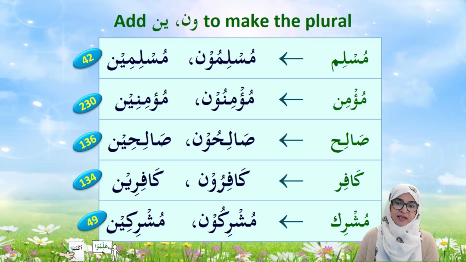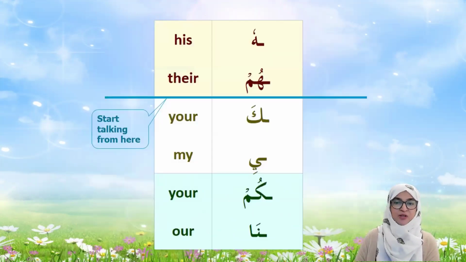Salihun, salihin. Plural of kafir? Kafirun, kafirin. Plural of mushrik? Mushrikun, mushrikin. So it was easy. All you have to do is add un or in to the end of the word, and that becomes plural. So I hope all this should be clear to you all.